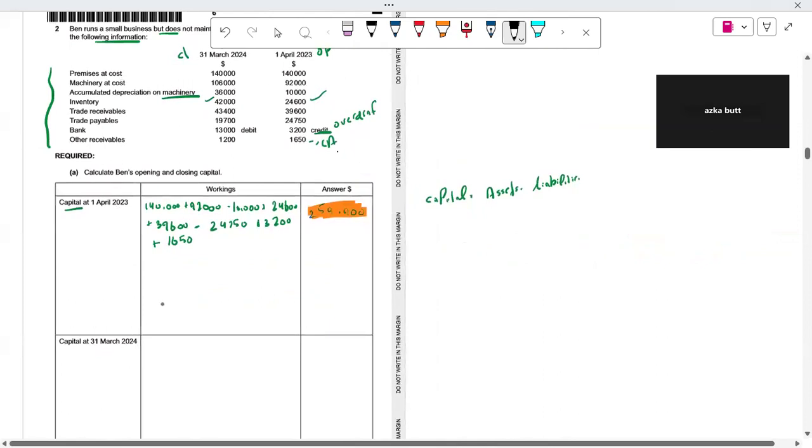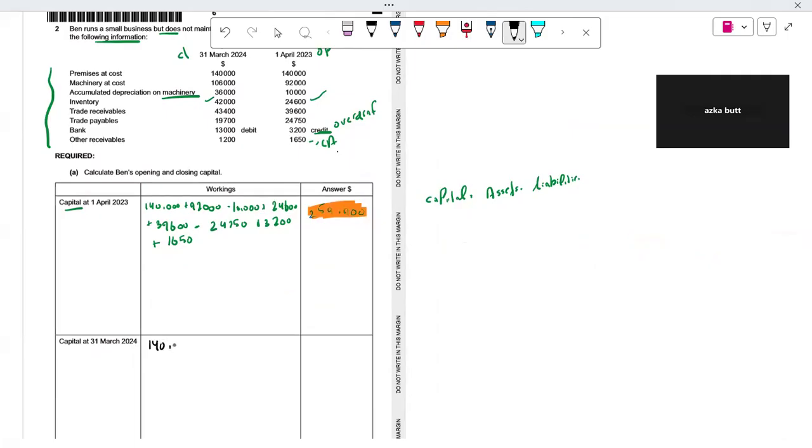Premises at cost, which is 140,000, plus machinery, plus other receivables, minus accumulated depreciation, plus inventory, plus trade receivables, minus trade payables, plus bank, because this is a debit balance.